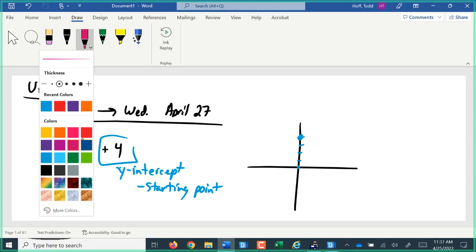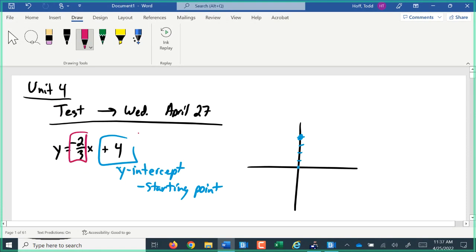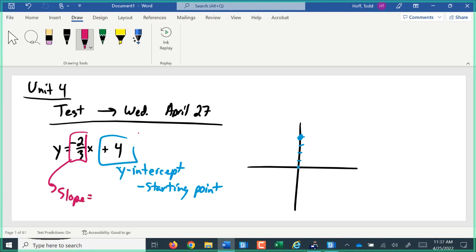The second piece of information was the number that multiplies the x, and that is our slope. And that slope is a ratio of rise to run. So from that starting point, this is saying we rise. Remember, the negative always goes with the rise. So we rise a -2, that means we go down 2, and we run 3.